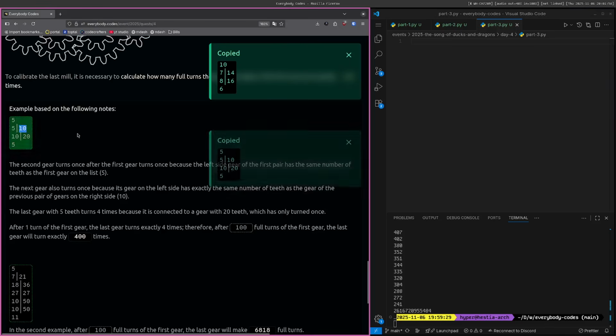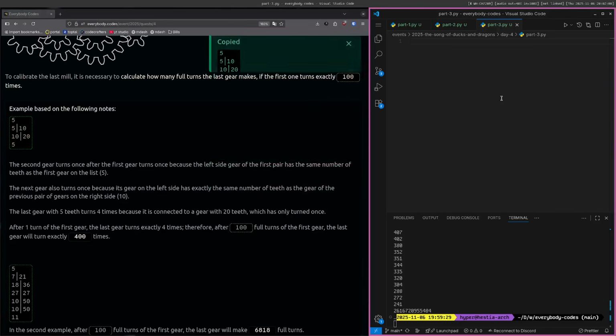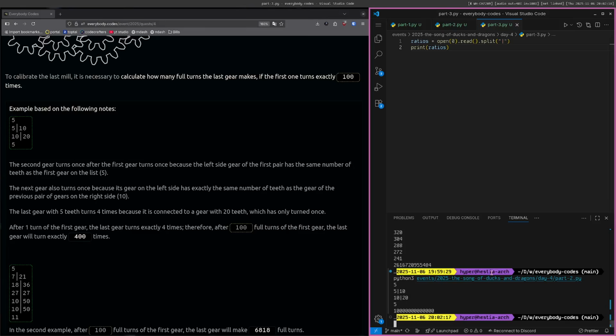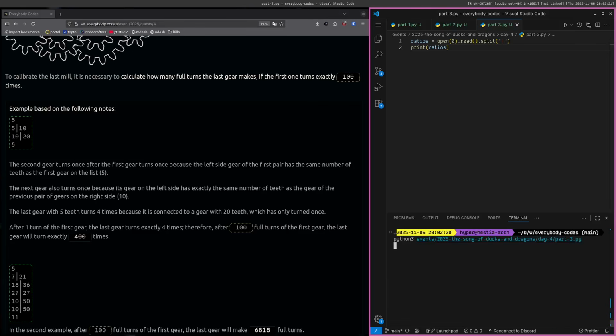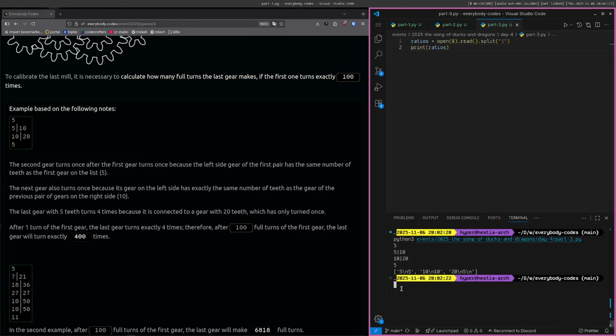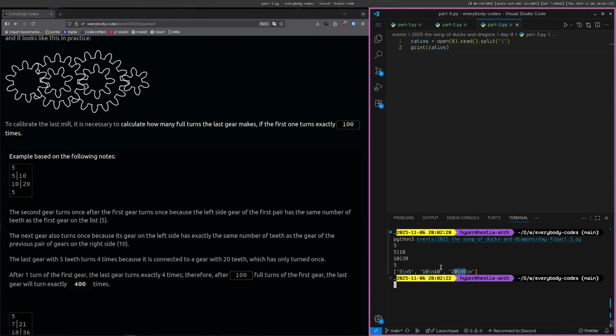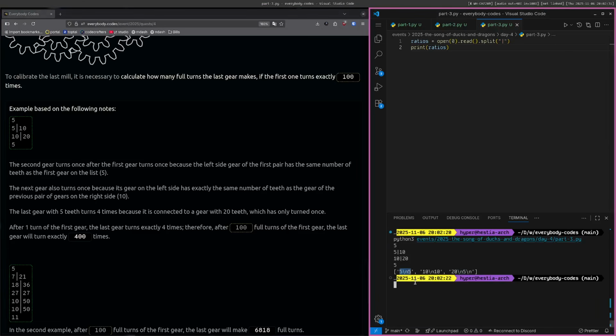So if we use this example here, we can take the input as an entire string and then split it on the pipe, which means that we get a list of strings that contain a new line in between. So this tells us we have 3 gear ratios to consider. The first ratio is 5:5, the second ratio is 10:10, and the third ratio is 20:5.